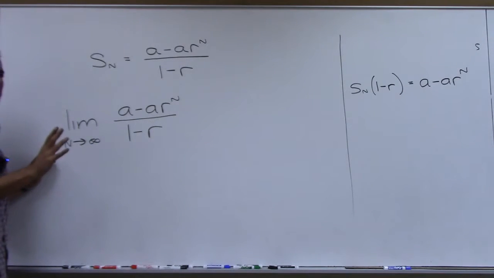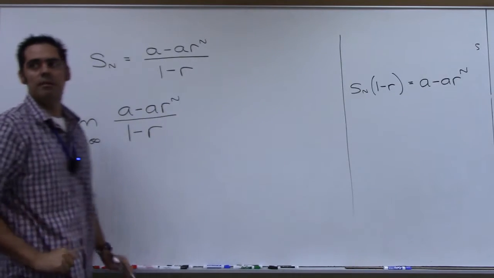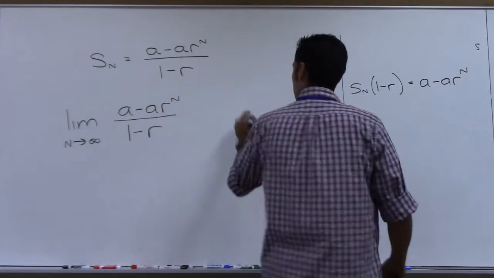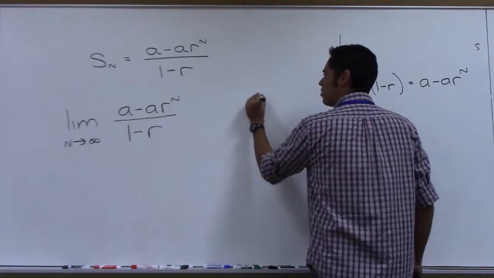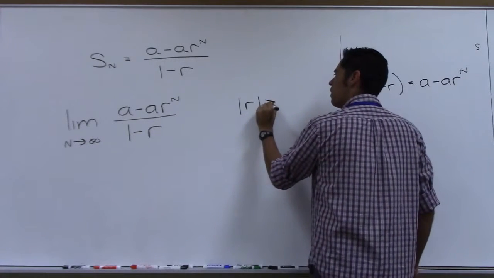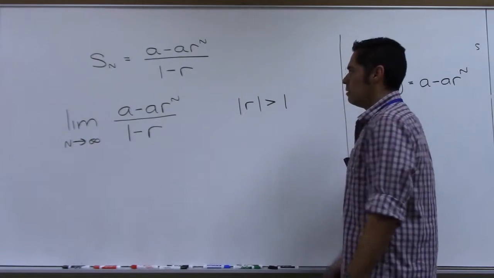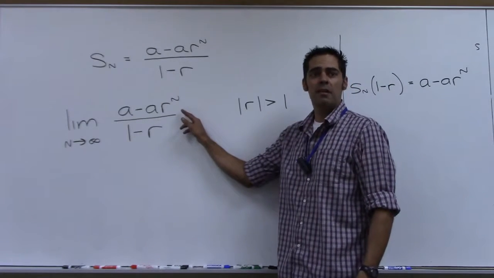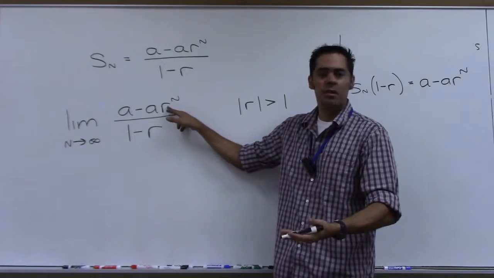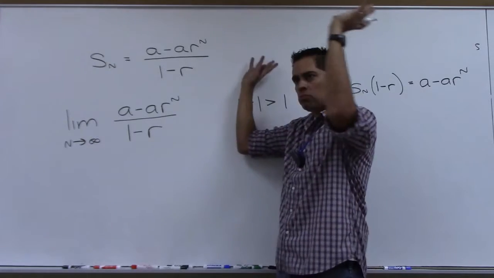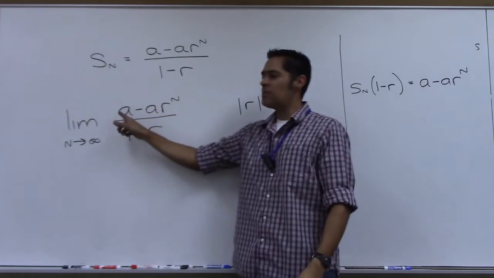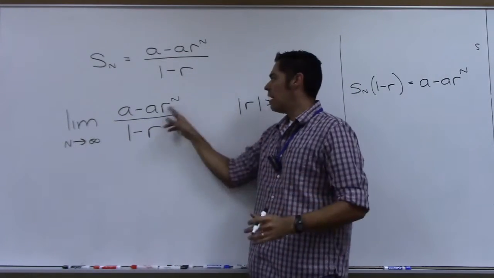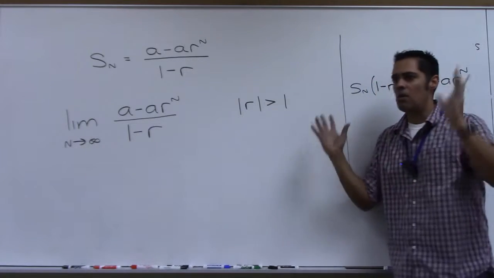Let's look at some other possibilities. What if r is bigger than 1? And I'm actually going to go further. What if the absolute value of r is bigger than 1? Then that's going to become infinite. Imagine plugging a number in here like 2. 2 to the infinity blows up. a is a fixed number, r is a fixed number. If I let r be bigger than 1, this thing's going off to infinity.